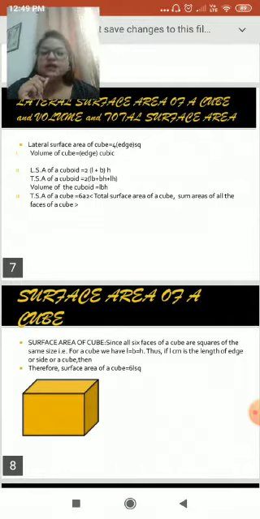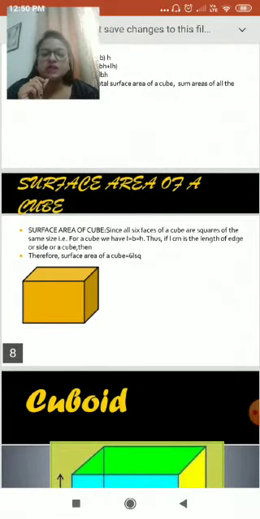The TSA of a cube is equal to 6a squared, which is the sum of the areas of the faces of a cube. These are just the revision of the formulas which you have already done in previous years. Now surface area of a cube.